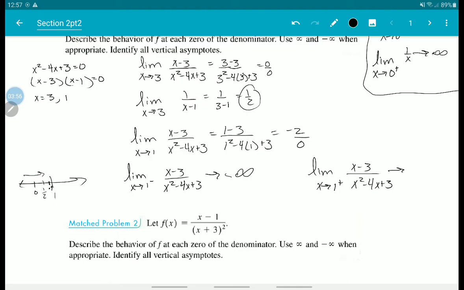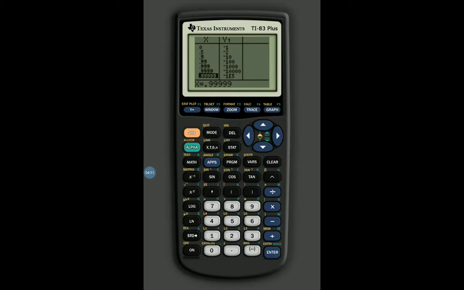Now, if I want to get close to 1 from the right-hand side, I'm looking at that right-hand side, getting close with numbers like 1.1, 1.01, 1.001, and so on. So if I go back up, 1.1, 1.01.